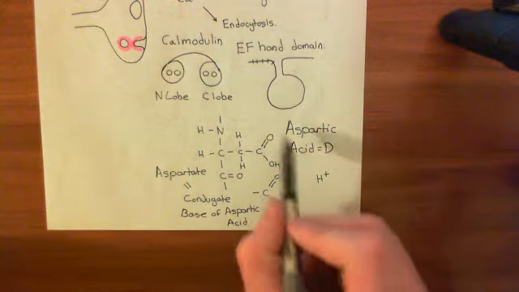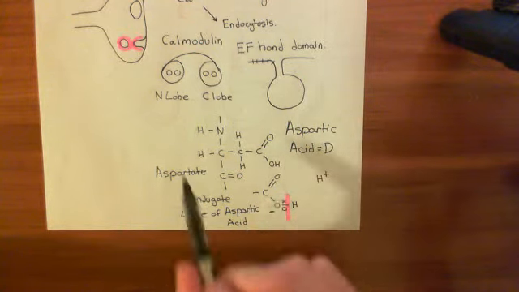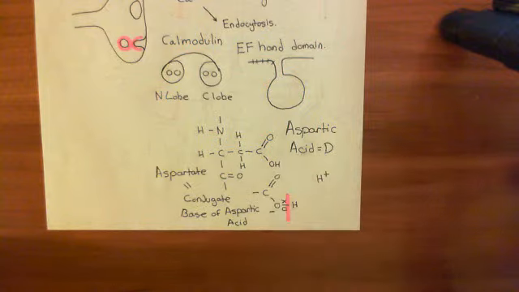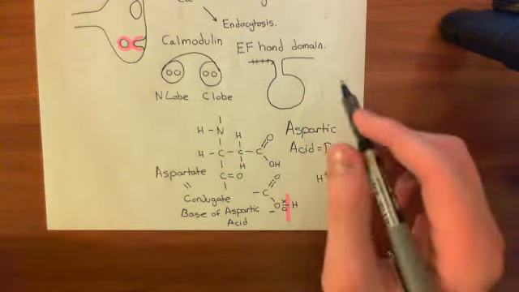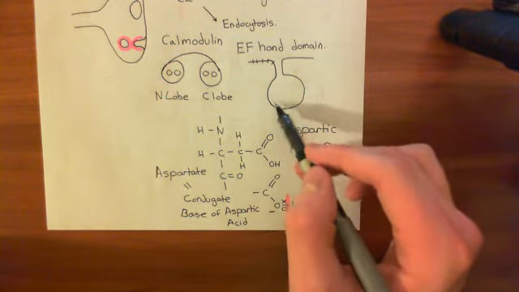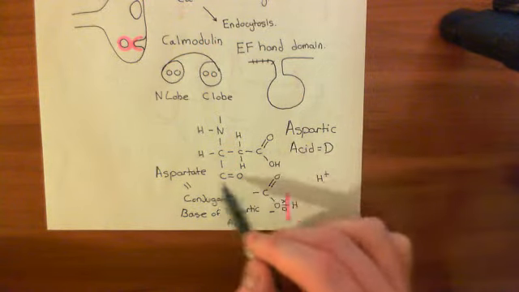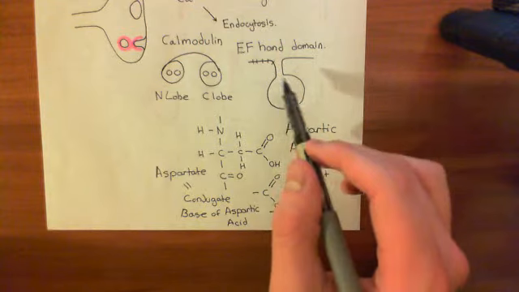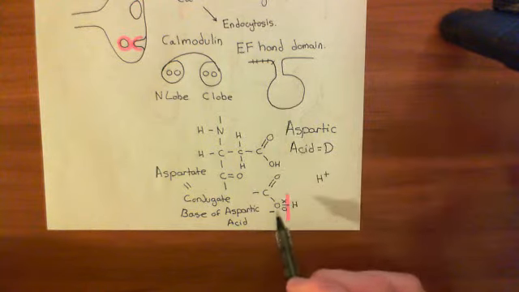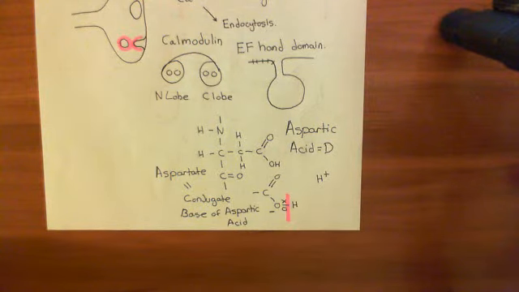Okay, now, if you put loads of these acidic amino acid residues in this loop here, and there are more amino acids that are acidic, not just aspartic acid, glutamic acid, for instance, is another example. If you put lots of them in here, then some of them will still have their protons, some of them will be in the protonated form, but a bunch of them will give up their protons and will go into the conjugate base form. And in the conjugate base form, they have a negative charge.